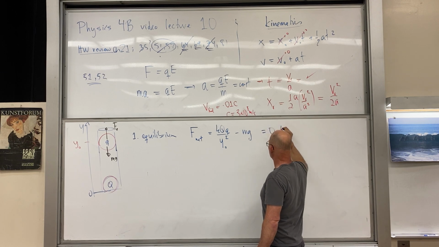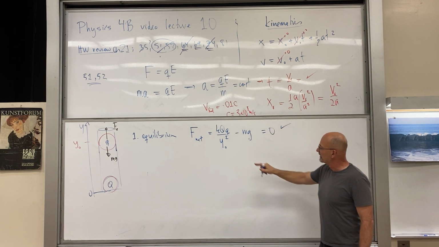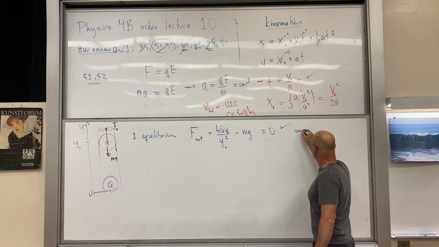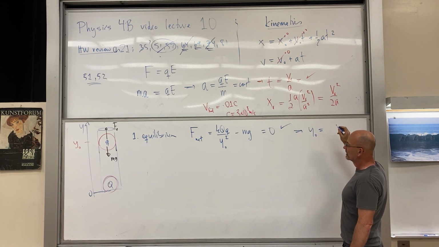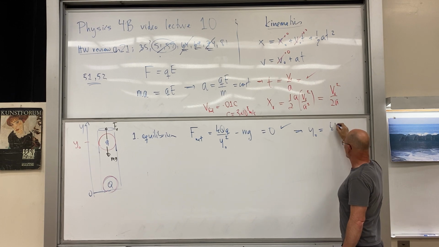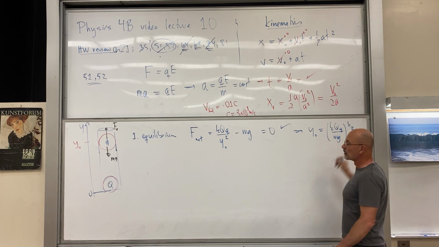That equals 0, and that will give us the y sub 0. That means y sub 0 is equal to the square root of kQq over mg, to the 1/2 power.